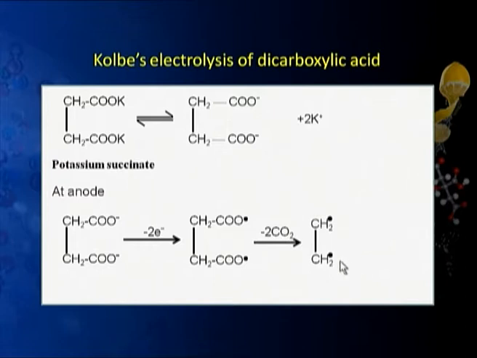So, there is a possibility that one of these diradicals may combine with another similar diradical to give cyclobutane. But a much faster and easier step is that these 2 carbons may form a bond to give ethene, and actually ethene becomes the major product in Kolbe's electrolysis of potassium succinate.